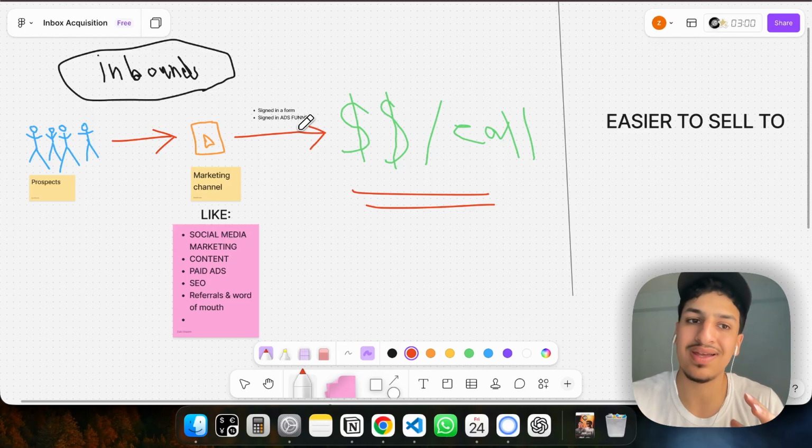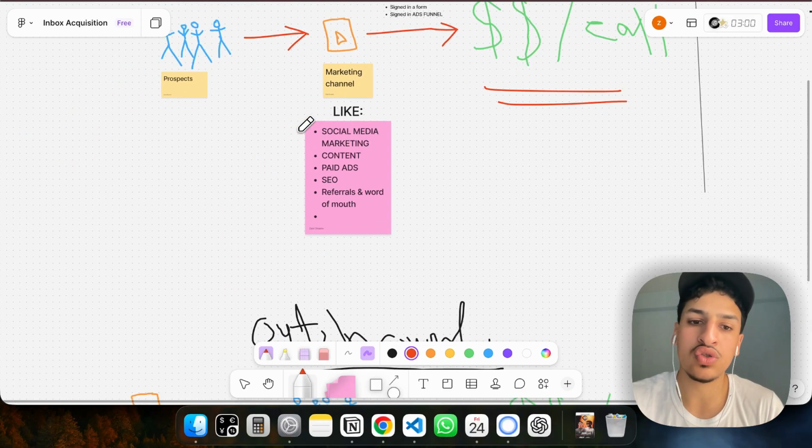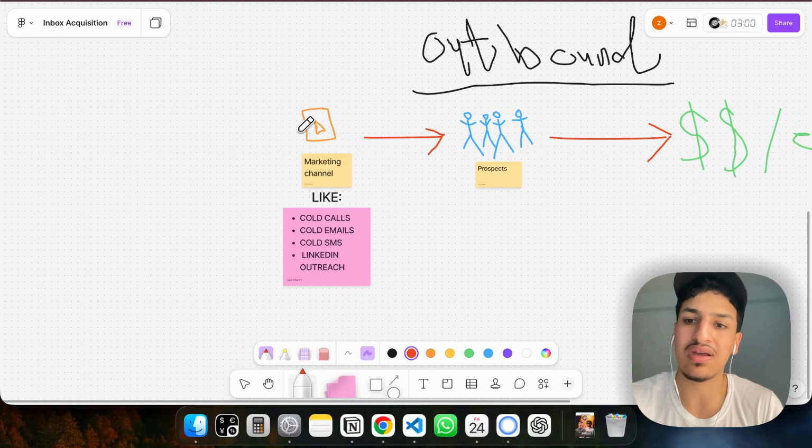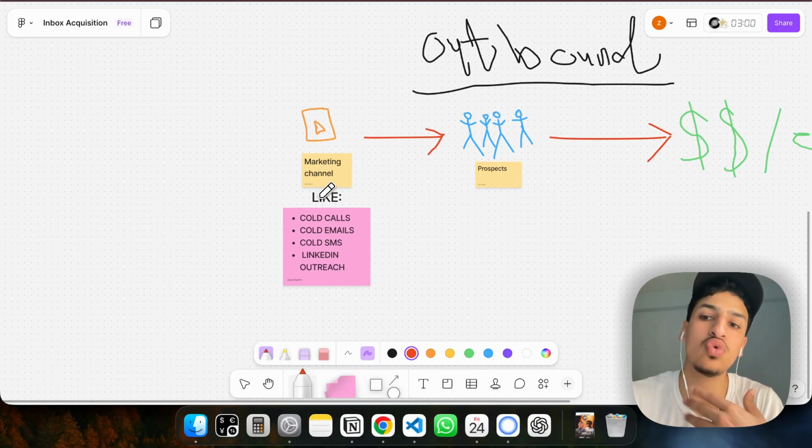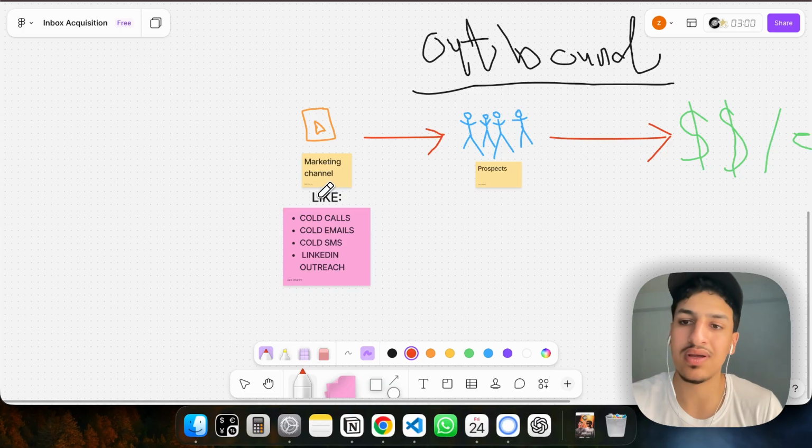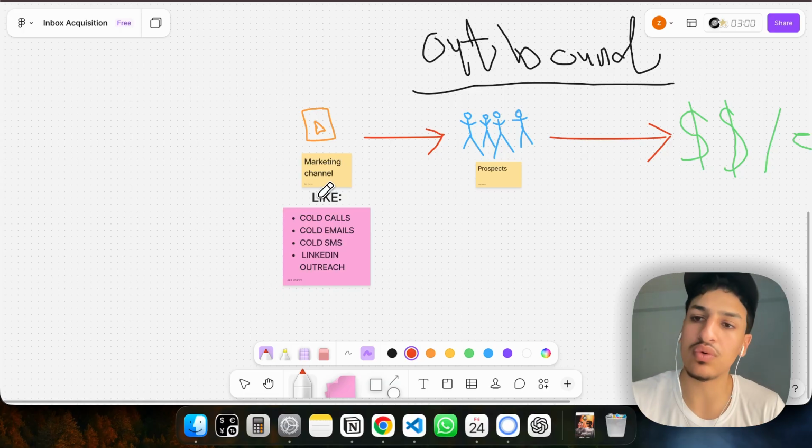That's considered an inbound lead. Outbound leads are the complete opposite, where you go to completely cold prospects and present your offer or your services through marketing channels like cold calls, cold emails, cold SMS, and LinkedIn outreach.